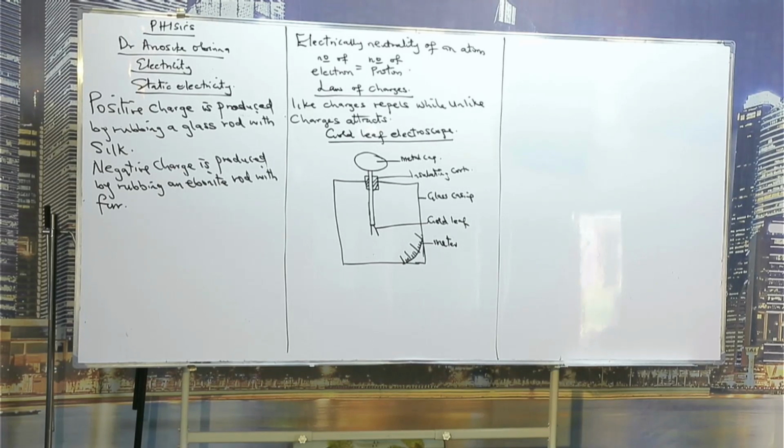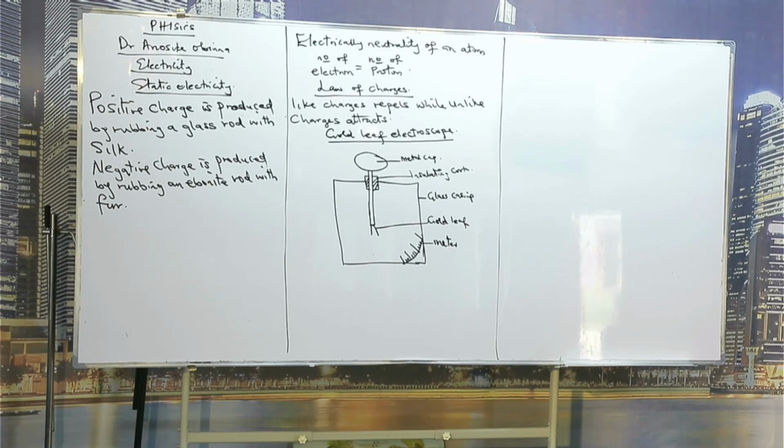Remember that materials are divided into three. I hope you know. One is if it can conduct electricity. Two, if it cannot conduct electricity. Three, if it may conduct electricity. Are you hearing what I'm saying? Materials are divided into three. The first one is if it can conduct electricity.